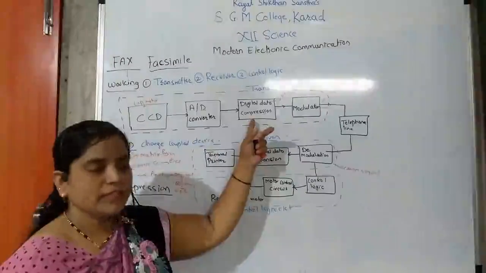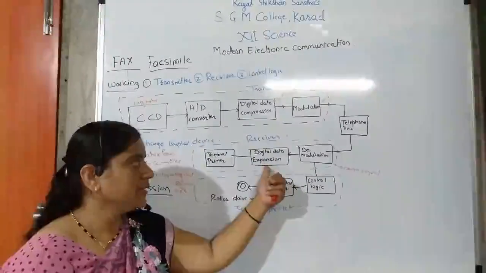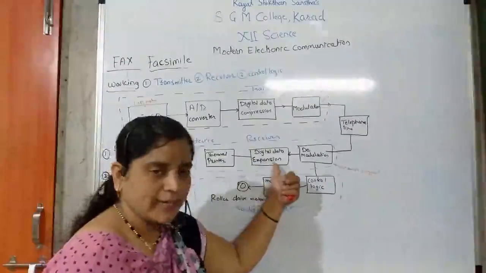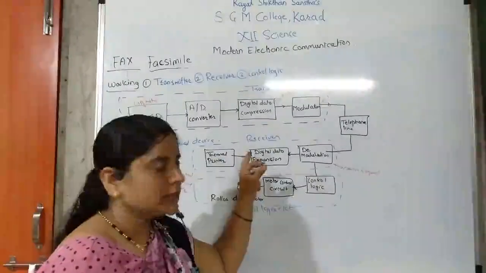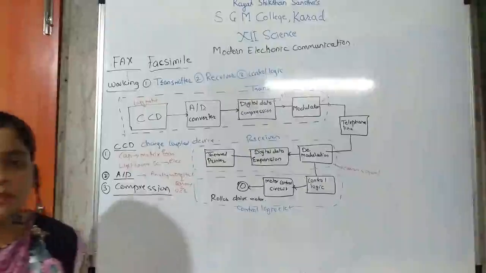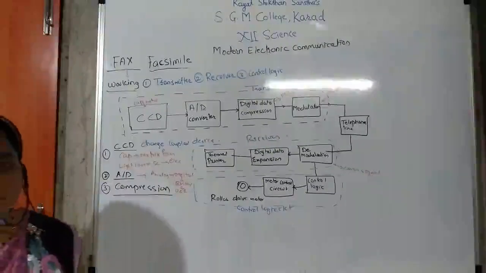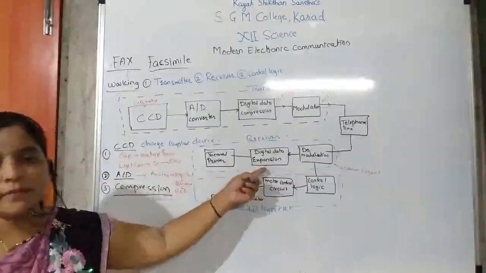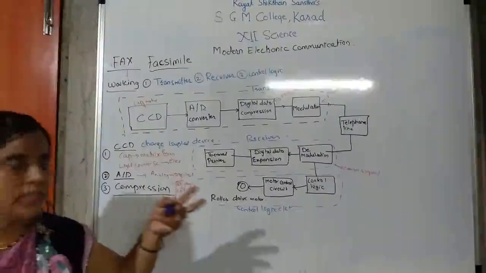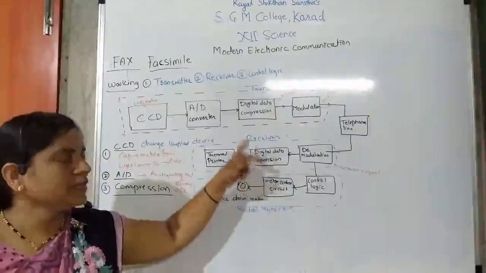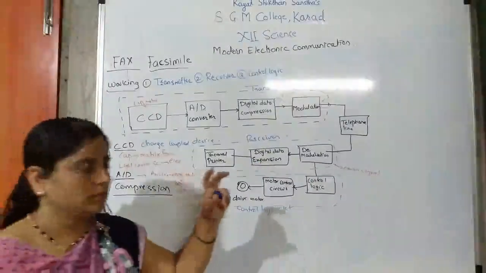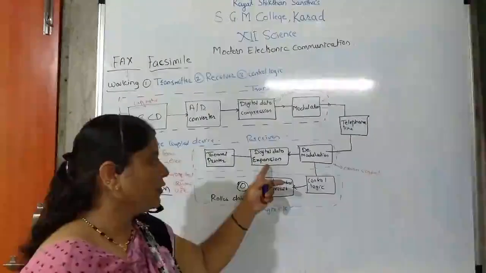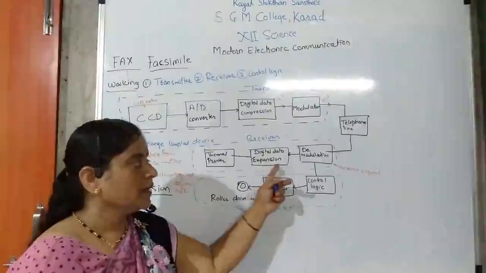It removes the compression and gives it to the thermal printer. It stores the original information; the original data form is received here.